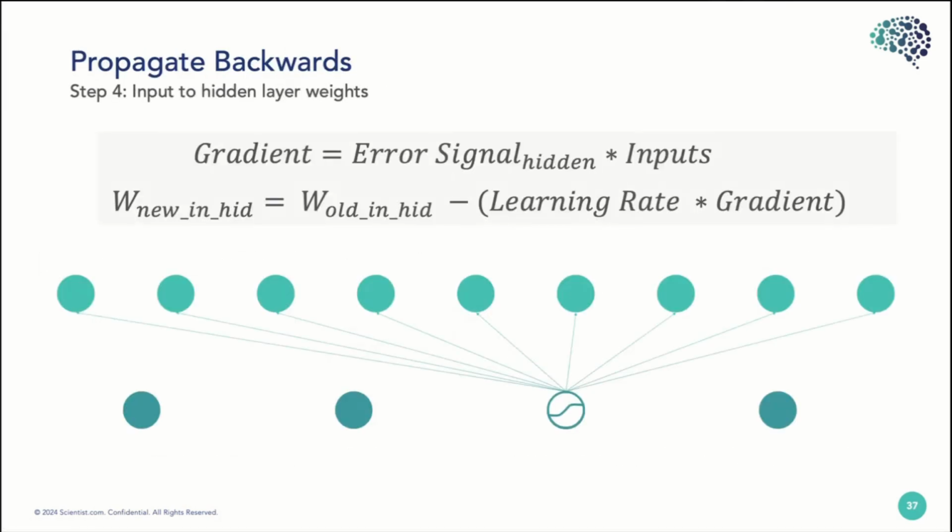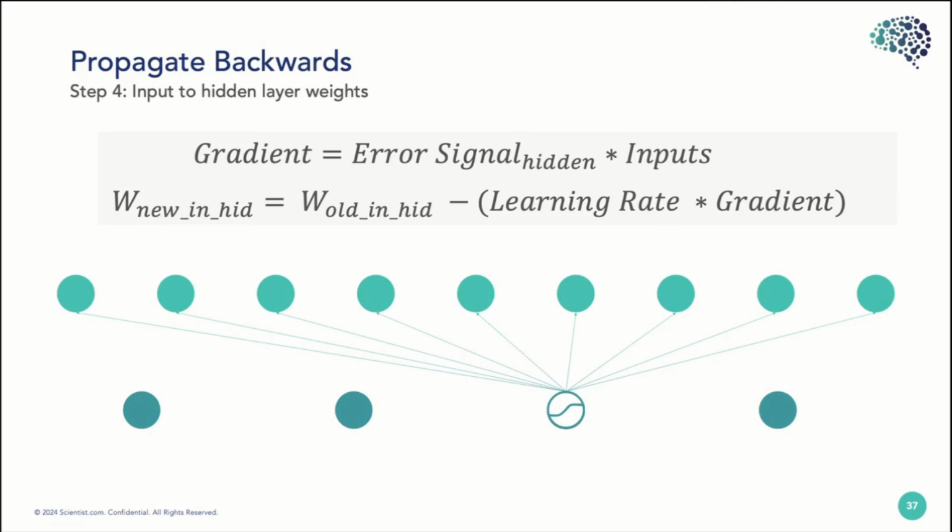And now you repeat the exact same thing that we did before, but we're at the input layer now. So you take the error signal times the input to come up with a new gradient, and that gradient is going to tell you how much you want to adjust every weight in this layer. And once again, the sign doesn't flip because the activation functions all have positive derivatives.